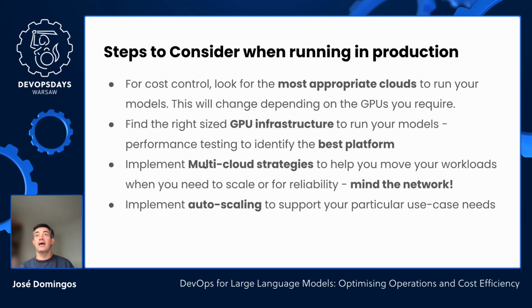compute and GPUs. And you can implement multi-cloud strategies, but of course, multi-cloud strategies carry perils, and you need to look at the networking aspects in particular. The networking aspects of multi-cloud are usually the most complex to address. So multi-cloud is good, but you need to have the appropriate tooling, as I said before. And then implement auto scaling to support your particular use cases.